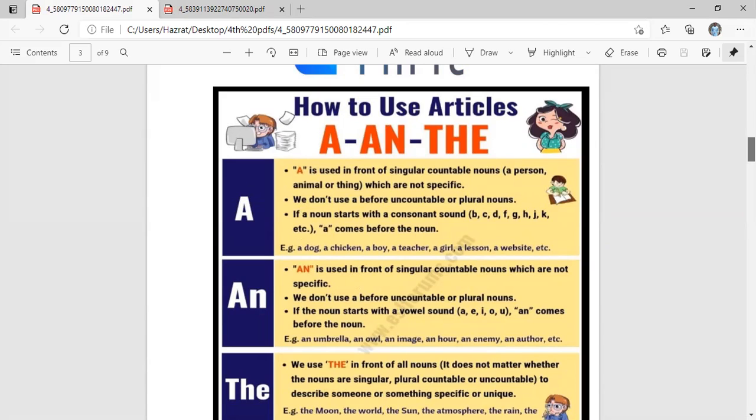A comes before the noun. So whenever you want to use the indefinite article a, you will use it in front of or before the noun. A dog, a chicken, a boy, a teacher, a girl, a website.